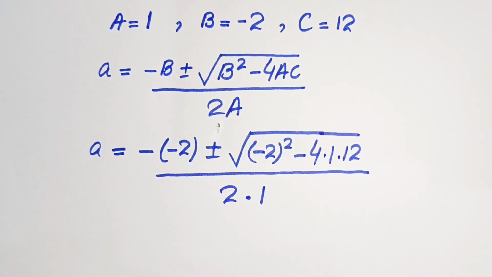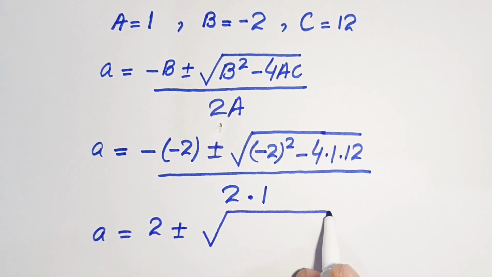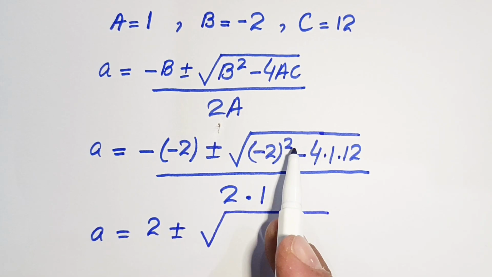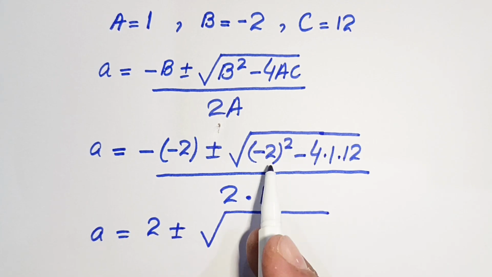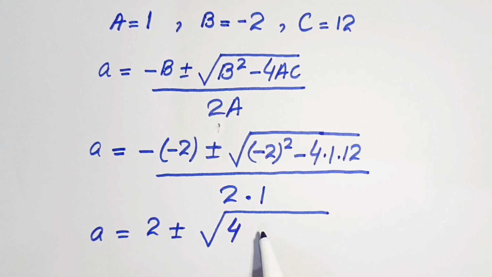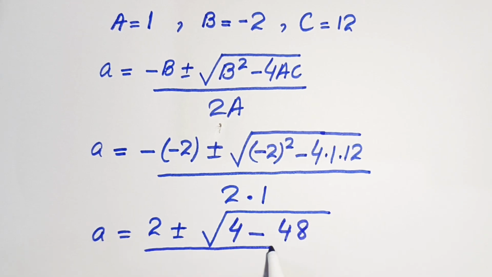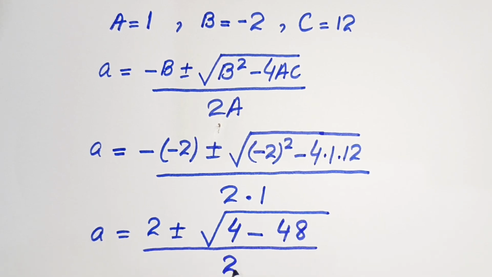Now our next step: a is equal to minus times minus is plus, so plus 2 plus minus square root of minus 2 squared, as it is an even exponent, minus 2 times minus 2 is equal to plus 4, and minus 12 times 4 is 48, all over 2 times 1 is 2.